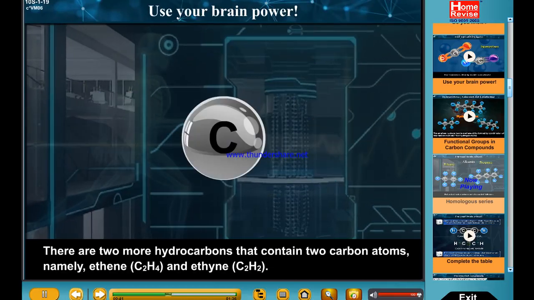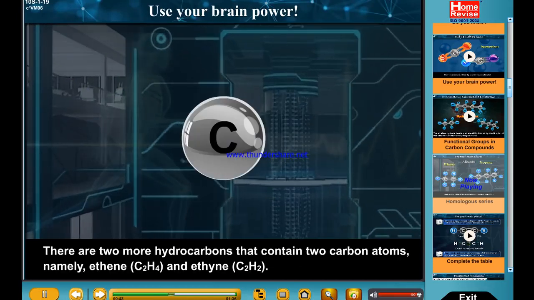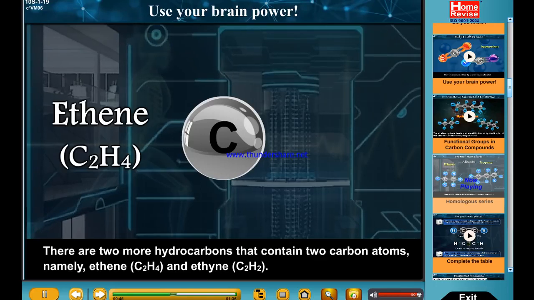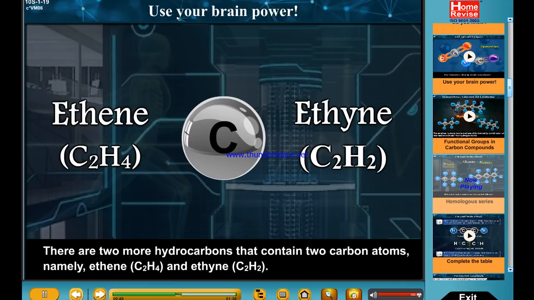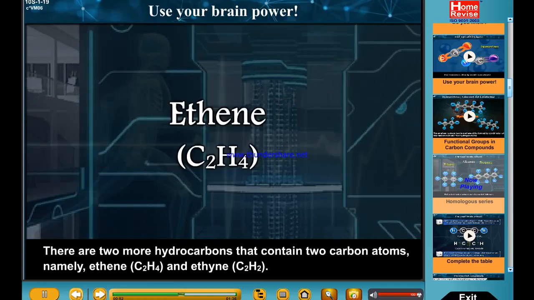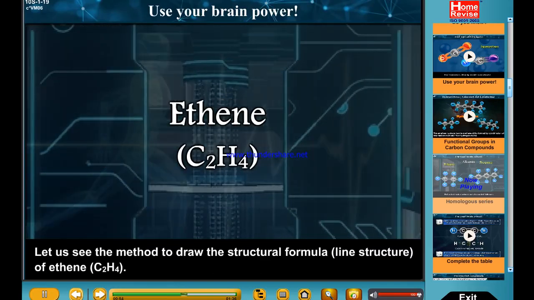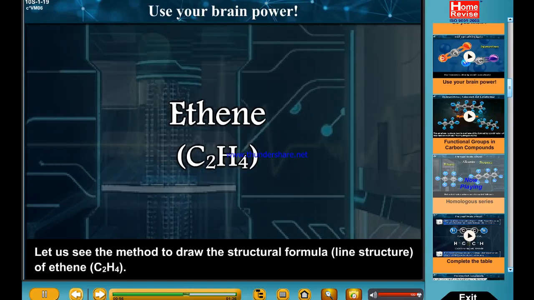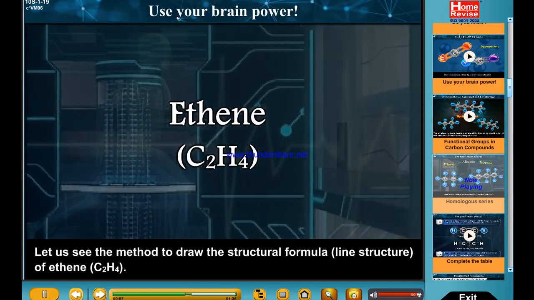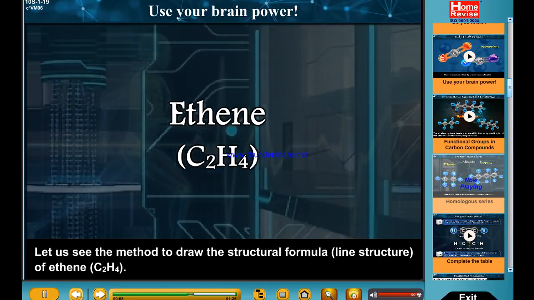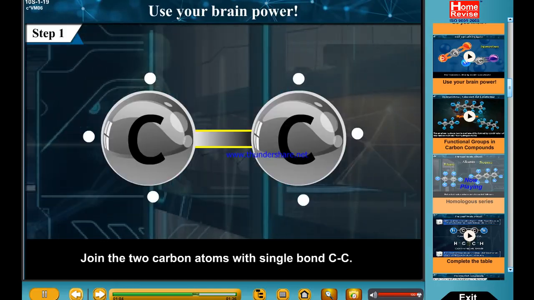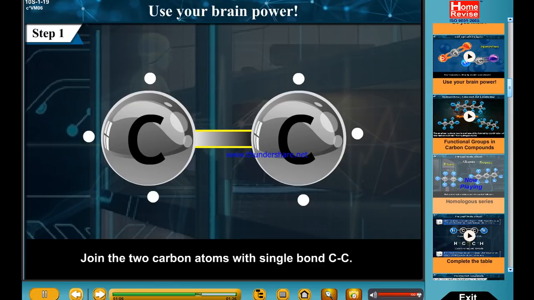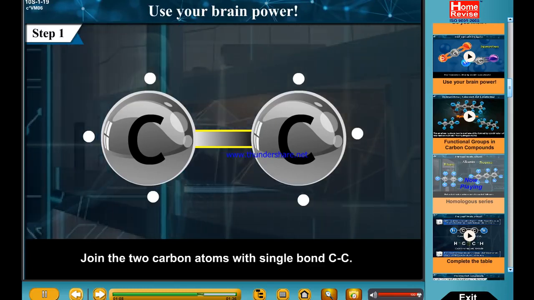There are 2 more hydrocarbons that contain 2 carbon atoms, namely ethene, C2H4, and ethyne, C2H2. Let us see the method to draw the structural formula, that is line structure of ethene, C2H4. Step 1. Join the 2 carbon atoms with single bond, C single bond C. Step 2.